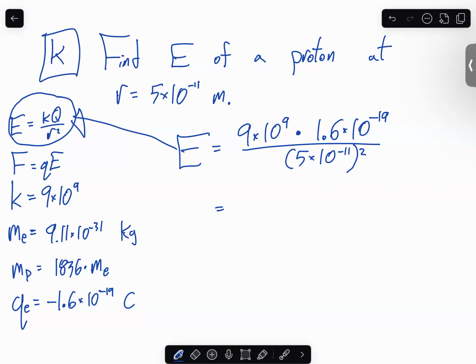If you had 1 newton per coulomb, that's a really small number of newtons per individual electron. A really huge number of newtons for an individual. Plug in the numbers. You should be able to plug in the numbers. Check yourself. The correct answer is on the board.